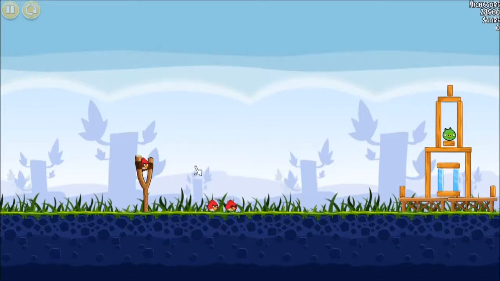So, when we have a look at Angry Birds, we can see you've got a projectile and you have to fire it in order to hit something. One of the really nice things about Angry Birds is, if you see here, I fire it off, and I'm going to purposely miss so that it doesn't just go to the next level.